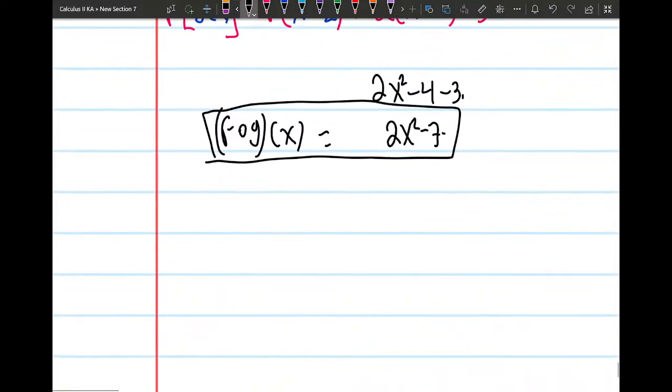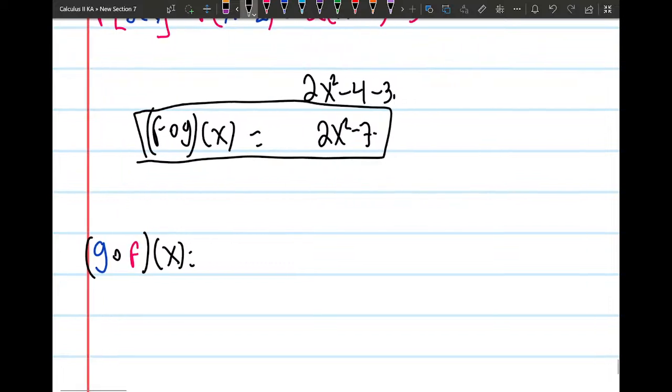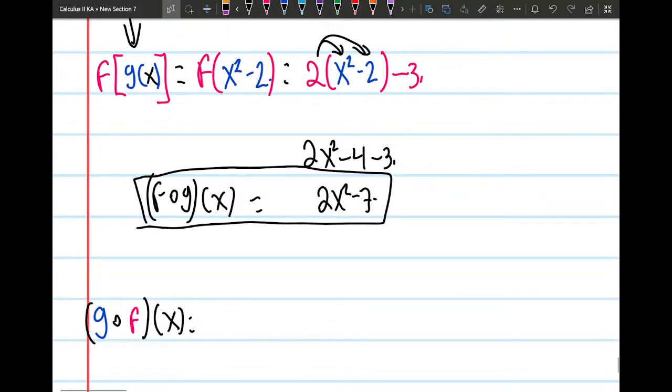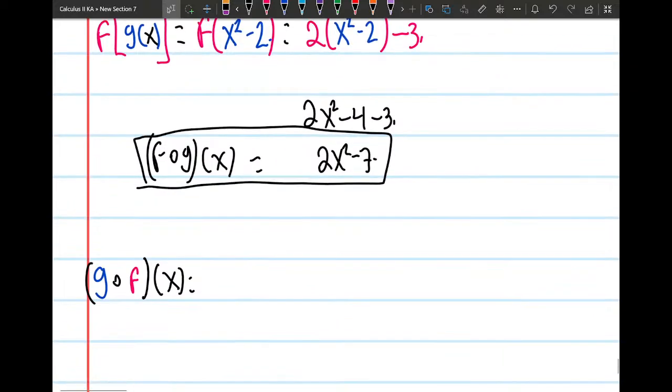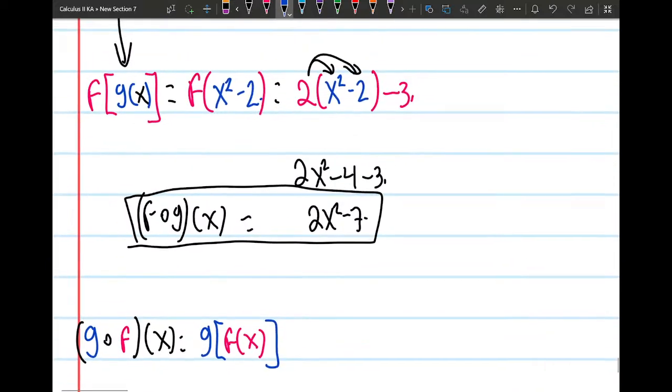Now if we do g composed of f of x, it's going to be g bracket, literally g of f of x.